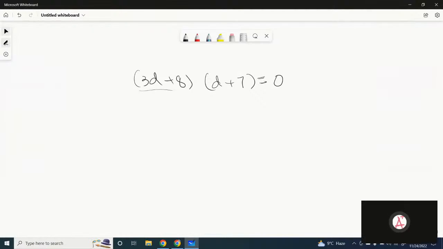Okay, so the product of both the terms is 0. That means either of the terms is 0. So just equate both of them with 0. It would be then 3d plus 8 equals 0.